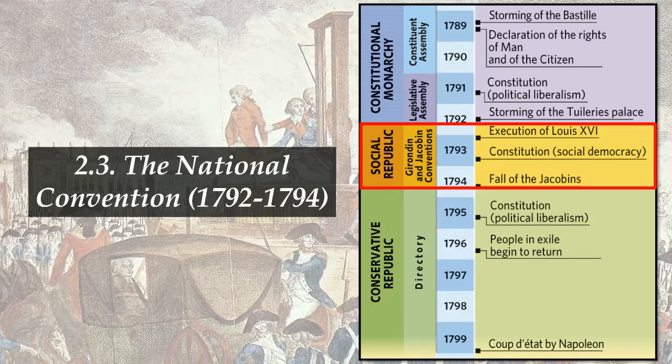And since then, the king is going to retain the executive power, but he is going to be treated like a prisoner in his palace, in the Tuileries Palace.